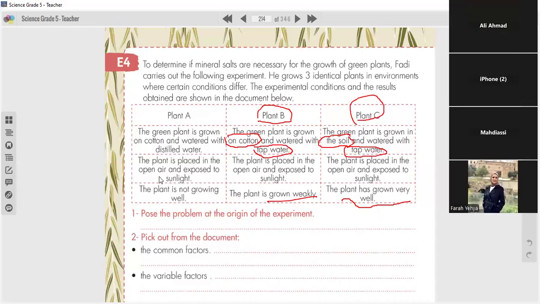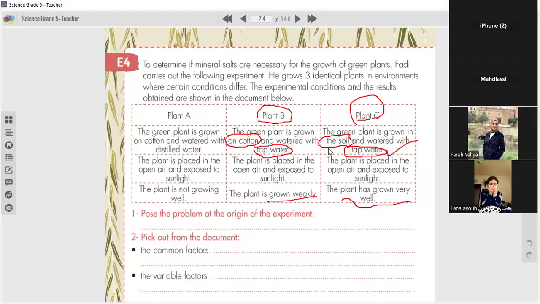So of course the soil is more important than the cotton, because the soil simply has mineral salts. Here, plant C is taking mineral salts from the water and from the soil.